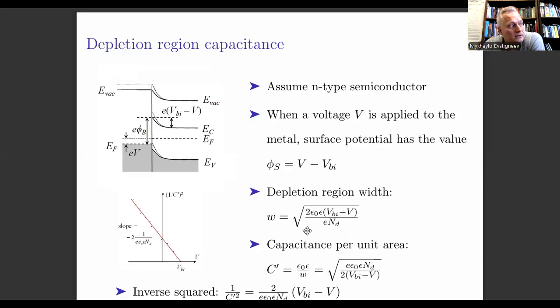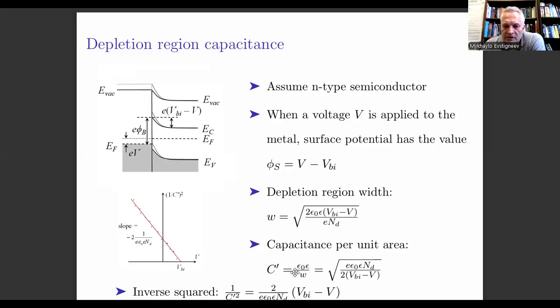Now, we are modeling the depletion region as an insulating layer, and if you have an insulating layer, then it has a capacitance. The capacitance of a parallel plate capacitor filled with a dielectric whose dielectric constant is epsilon is epsilon naught epsilon times the area of the capacitor divided by the distance between the capacitor plates.